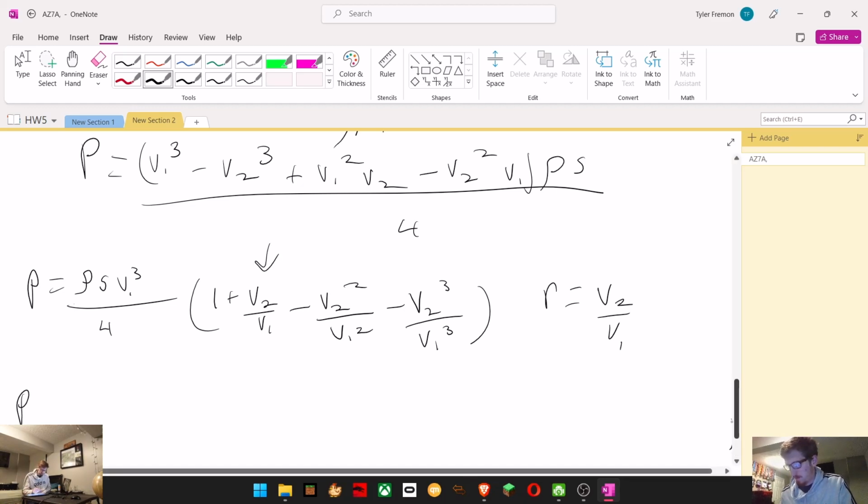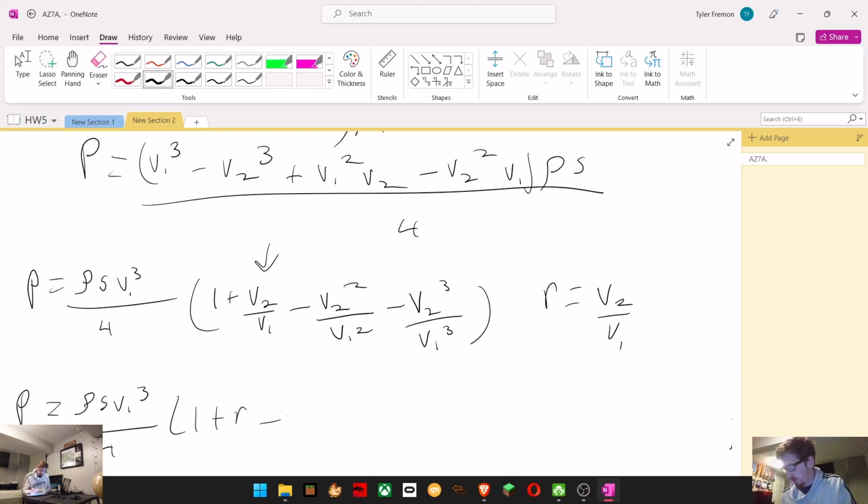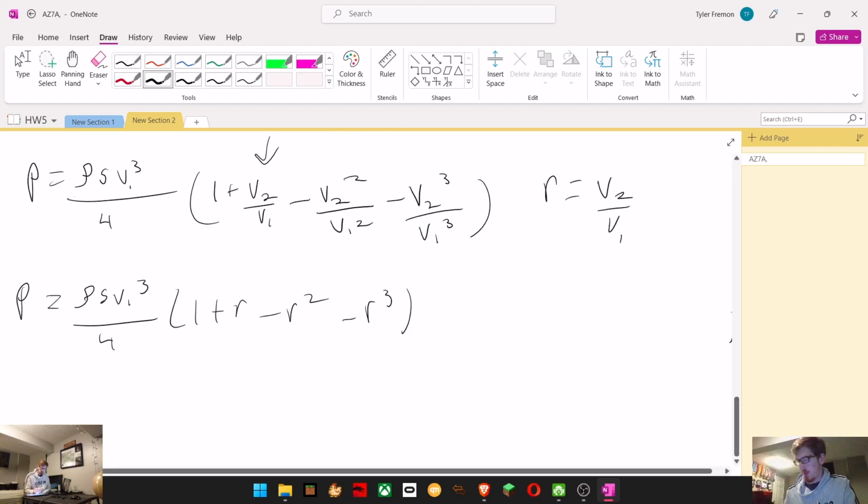We have P equals rho S V1 cubed over 4 times 1 plus R minus R squared minus R cubed. And then we're going to take the derivative of this. The derivative of the power is 0 because we're at steady state.